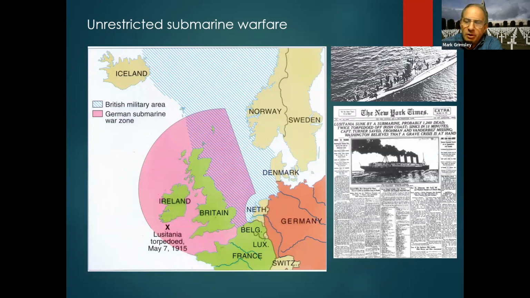These deaths included those of 127 Americans. And President Woodrow Wilson of the United States protested vigorously against this kind of warfare and forced the Germans to back off on it for a period of time.